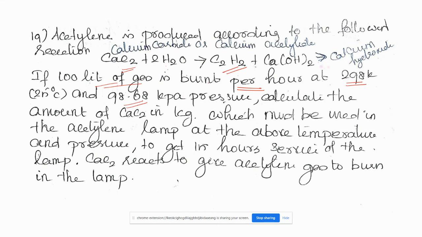Now we have to find how much amount of calcium carbide has been reacted for 15 hours of service, with 100 liters per hour. So for 15 hours of acetylene gas to be burned, how much calcium carbide is required is what has been given in the problem.